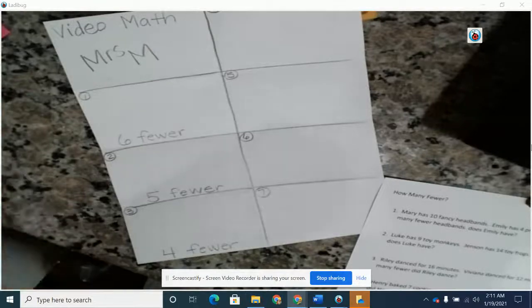Okay, so for number 4, I'll show you, it says Henry baked 7 cookies. Okay, so go ahead with your Unifix cubes and get 7. 1, 2, 3, 4, 5, 6, 7. Wow, and then 16 cookies.